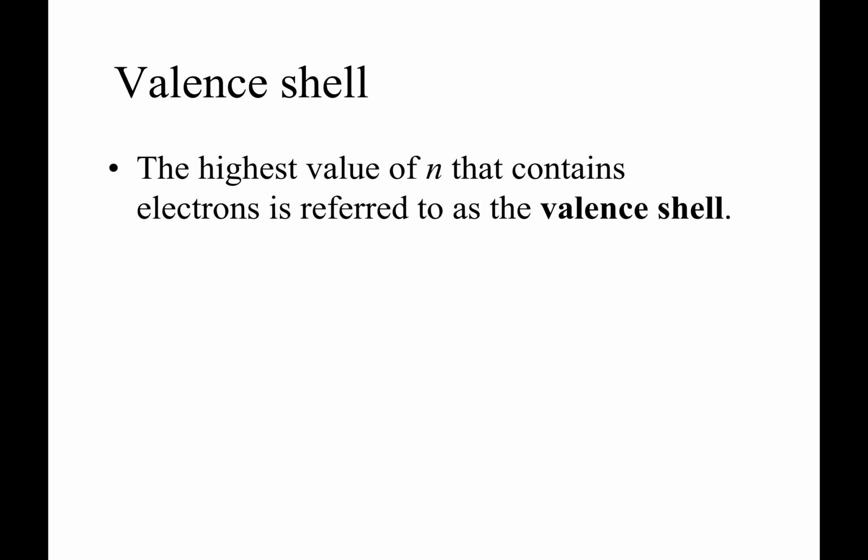I feel like this is a little bit of review too. When we did the electron configurations, this was Monday last week, we said that the electrons in the highest n are the valence electrons. That's all this is talking about.